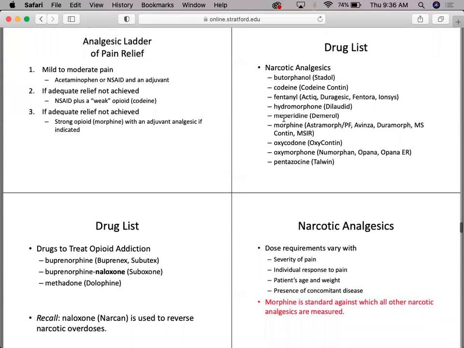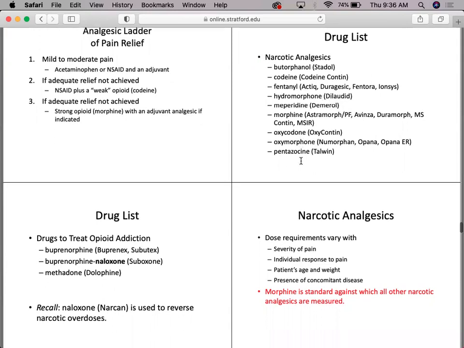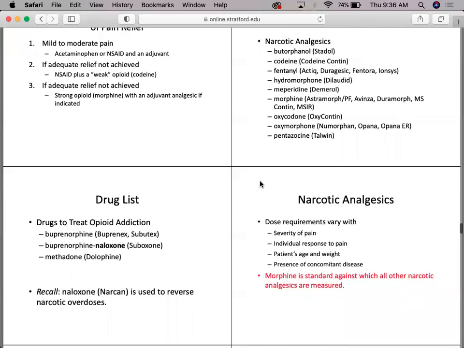Ooh, and what are the heavy hitters that are very common, and you've heard of them? Of course, any of the contins: OxyContin, oxycodone, codeine, hydromorphone, Dilaudid, Demerol, right? All of these. But OxyContin, Dilaudid, Demerol, they're very, very common.